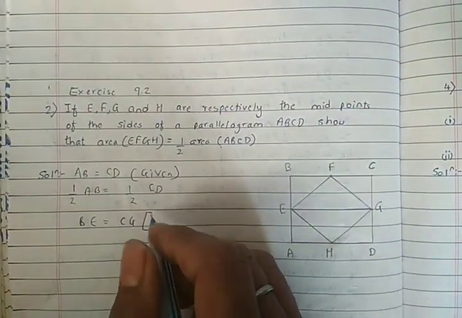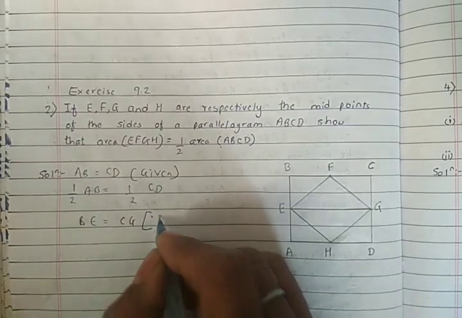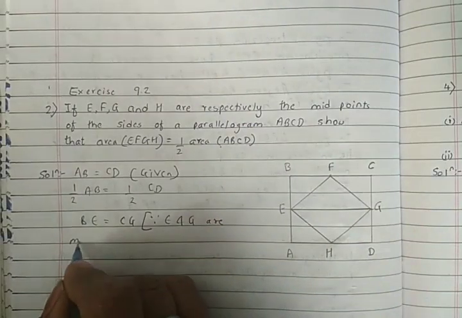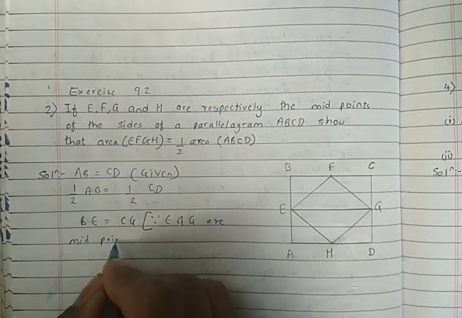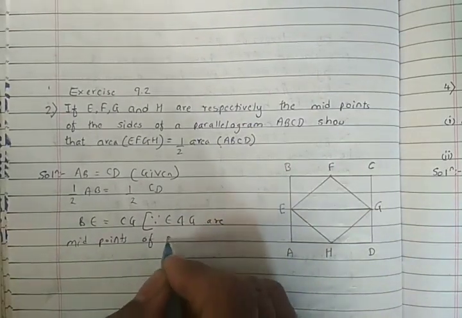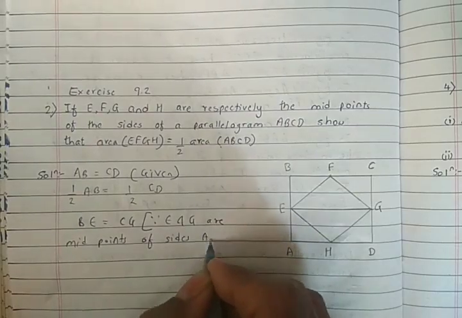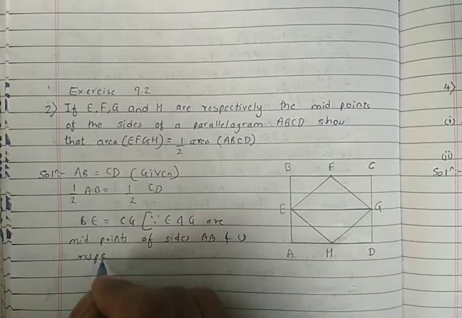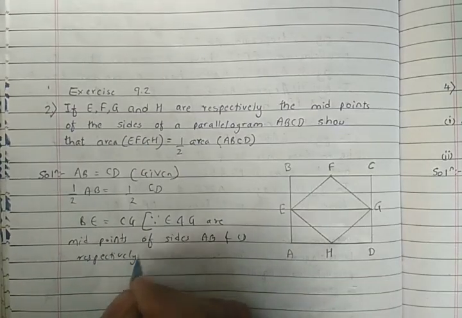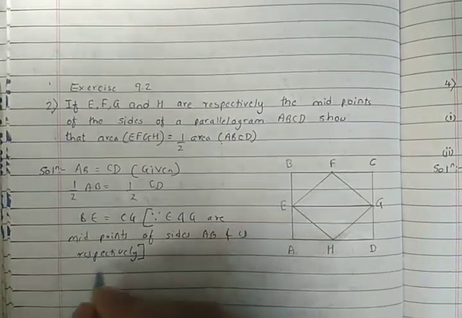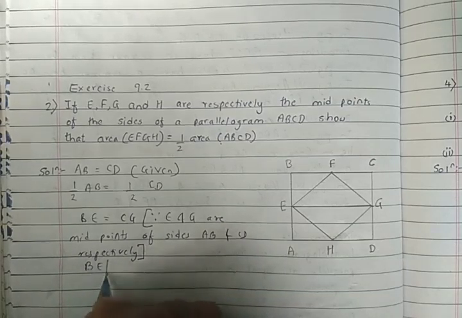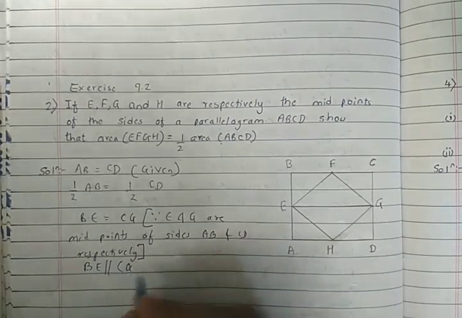So we'll write the reason, because E and G are midpoints of sides AB and CD respectively, and BE will be parallel to CG.